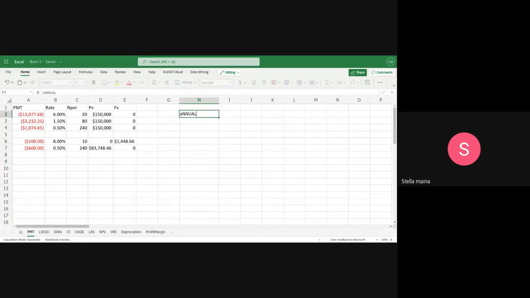Annual interest rate. Then I can just increase the width to make that fit properly.